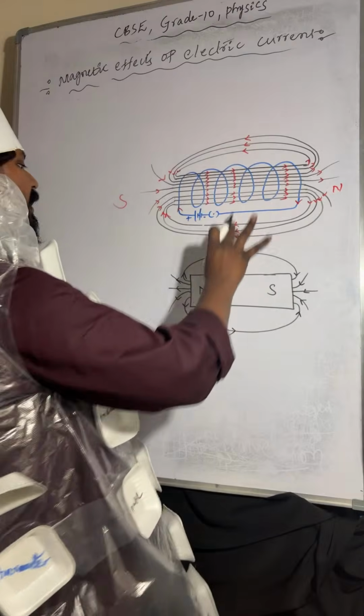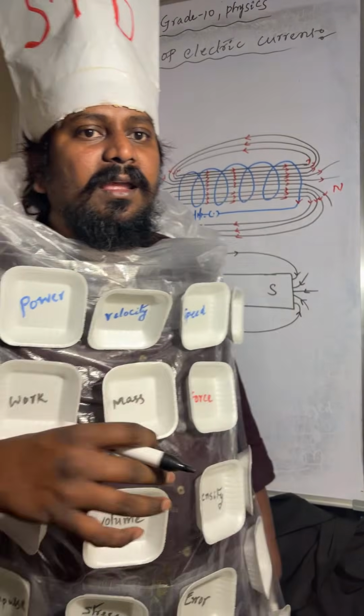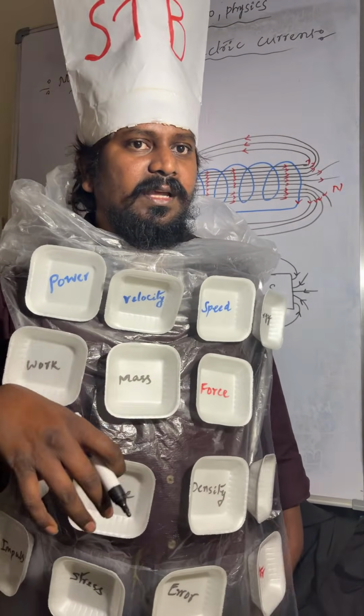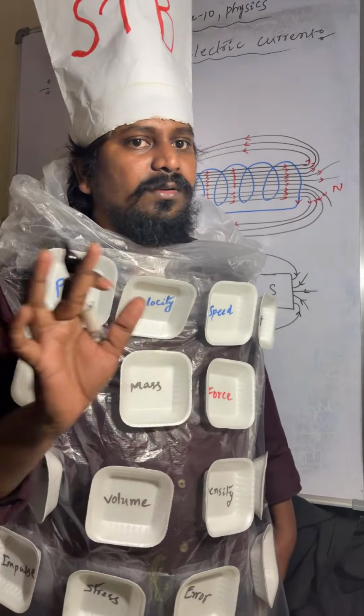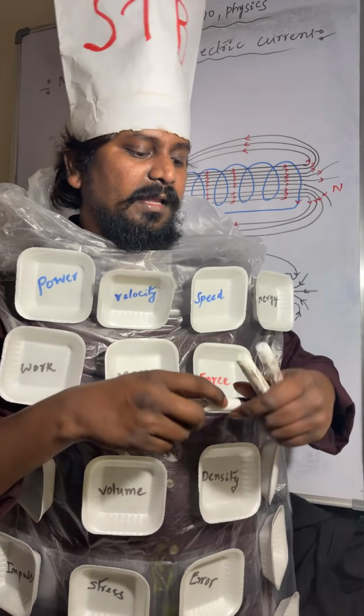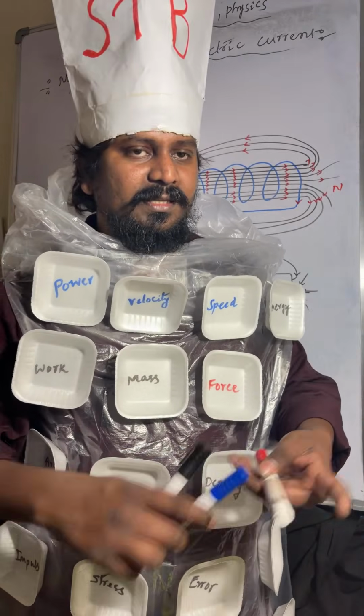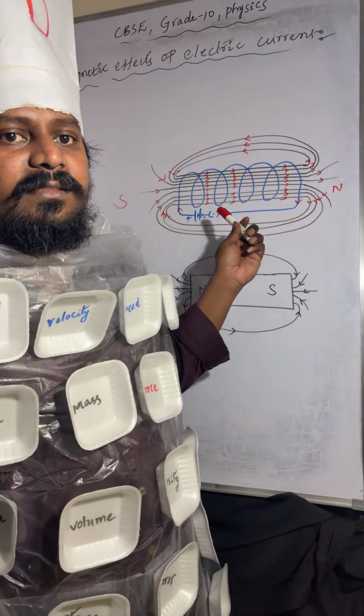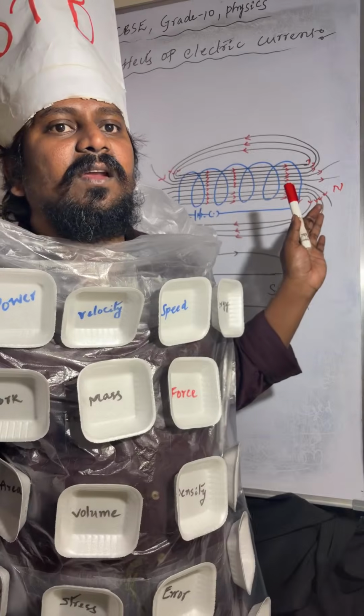Here in the solenoid also the magnetic field will be north to south. Inside the bar magnet, south to north. And one more point, here you need to understand one thing.